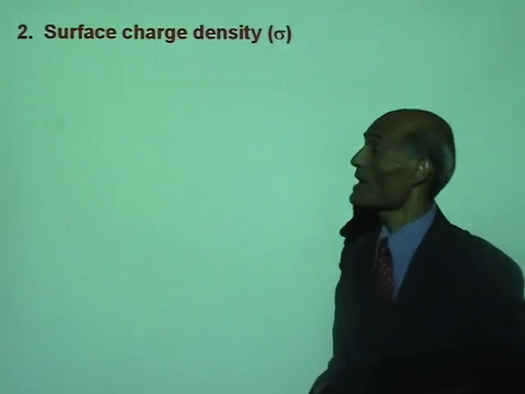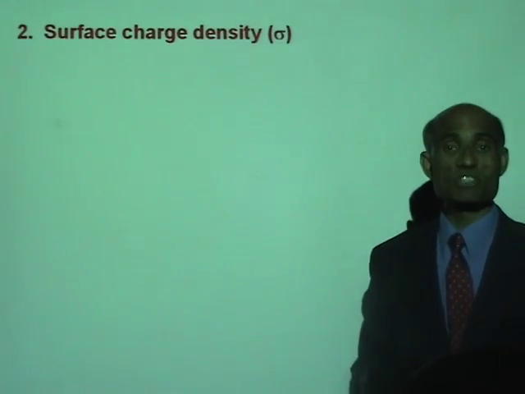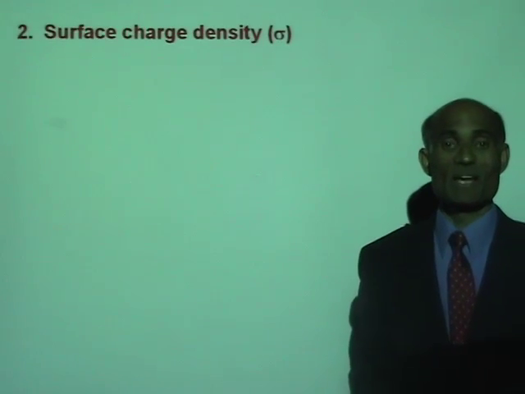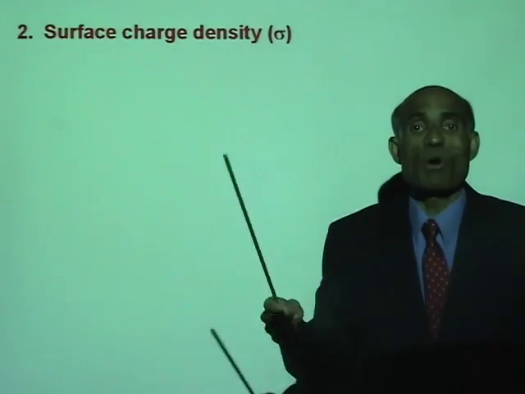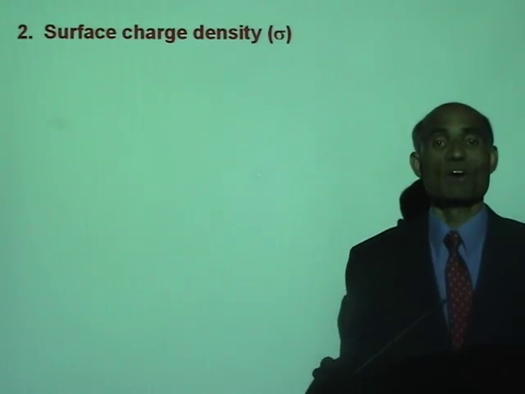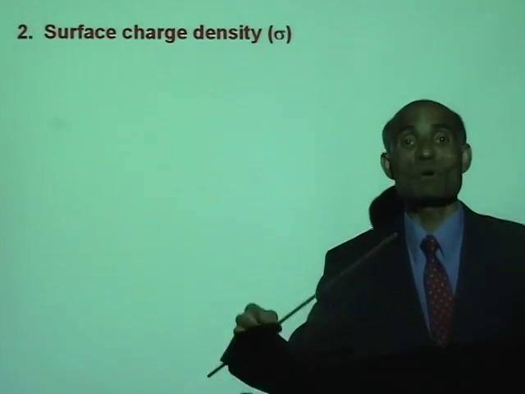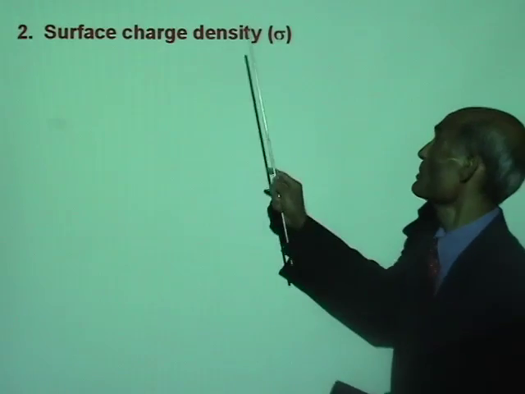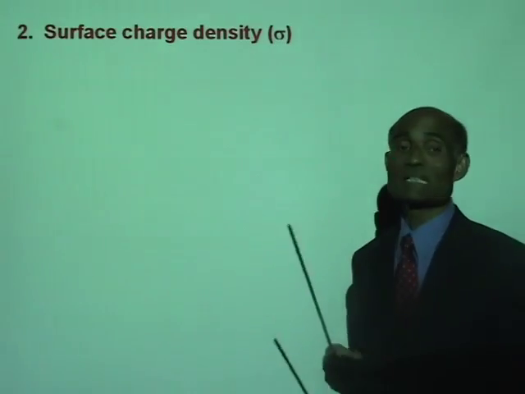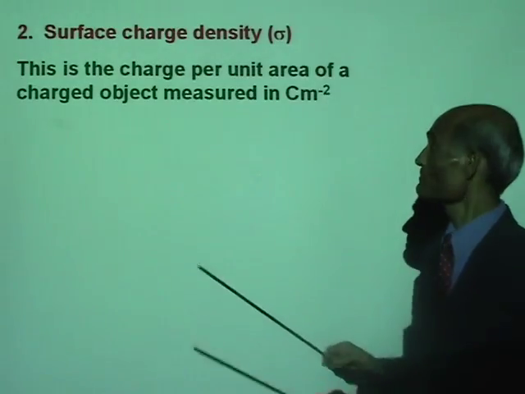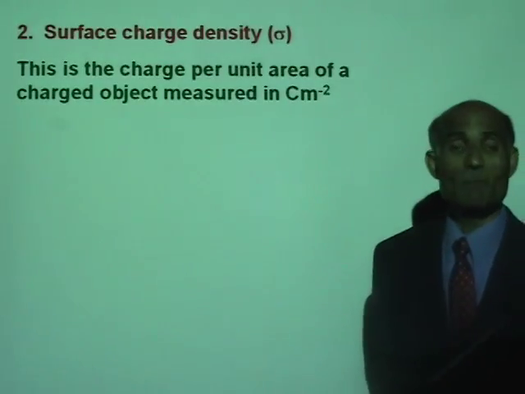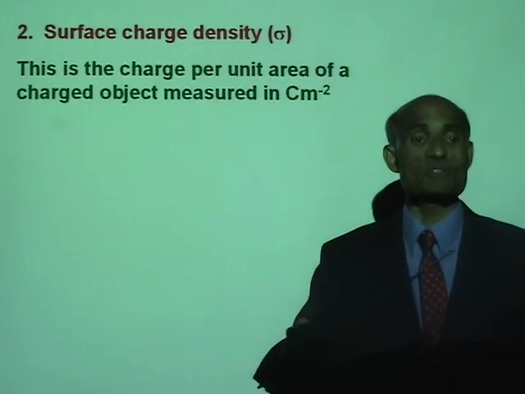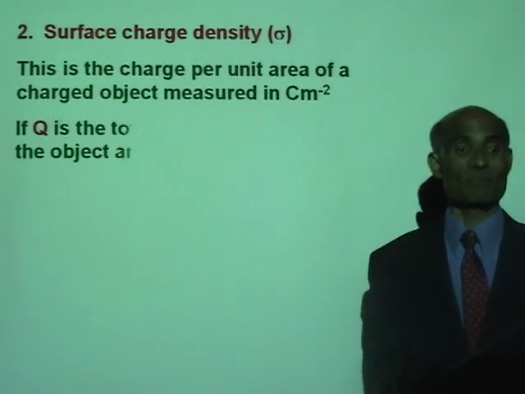The second term that we will be using is surface charge density. A certain amount of charge Q is distributed over a given surface. What is the charge per unit area? We will represent that by the Greek letter sigma. And it will be measured in coulombs per meter squared, charge per unit area.